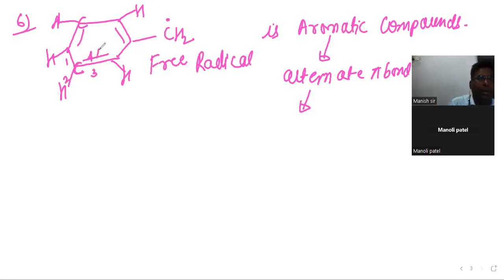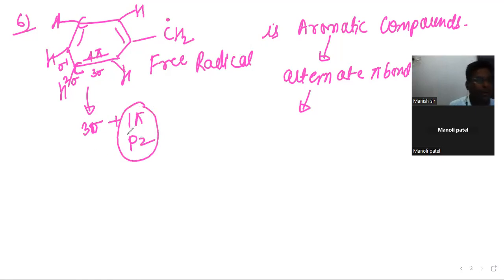Out of four, one is a pi bond and the rest are sigma bonds. So three sigma, right? And one pi. So the last pz will be forming a pi bond, right? So hybridization will be sp2. So each carbon in benzene is sp2 hybridized, right? So it was asked in 2016.